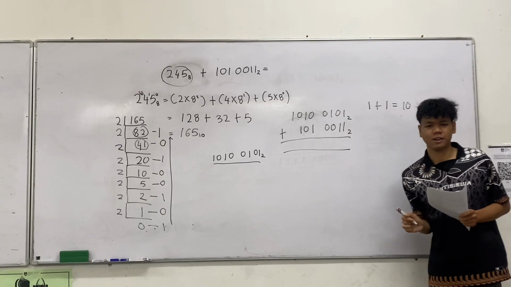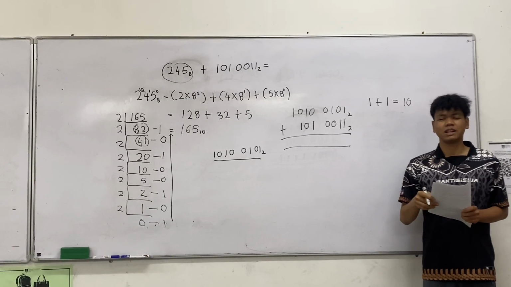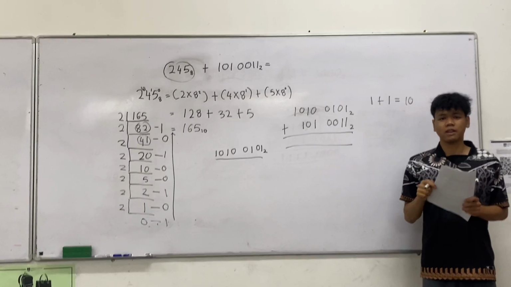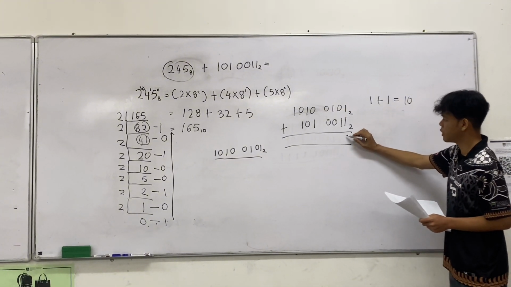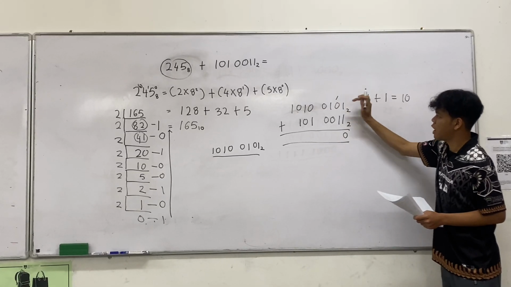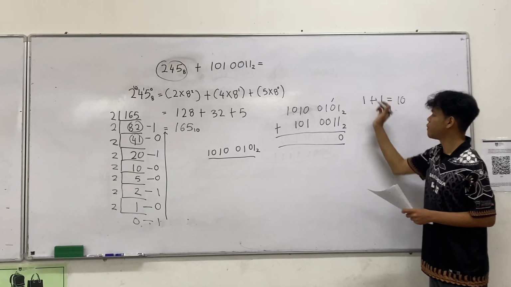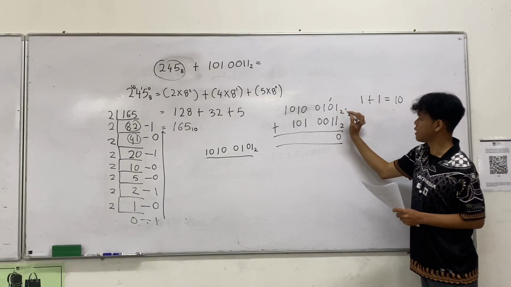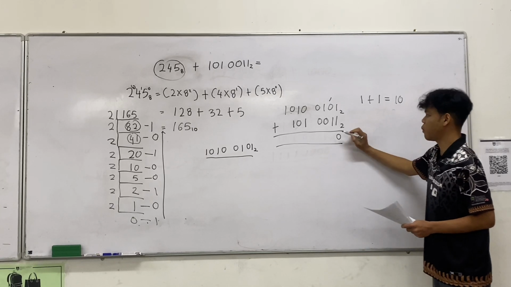Because in binary, the computer accepts only the digits 1 and 0. So we put 0 at the bottom and carry 1 to the top of the next calculation. So 1 plus 0 plus 1, we get 10 again.